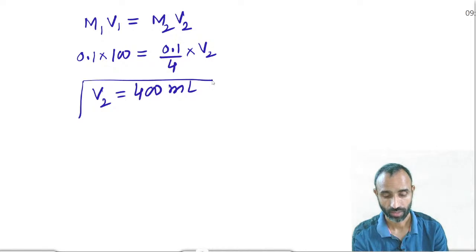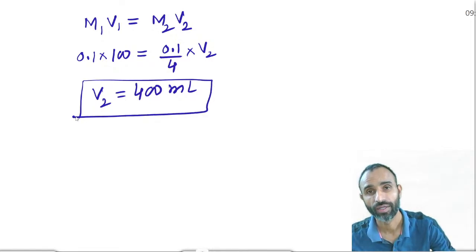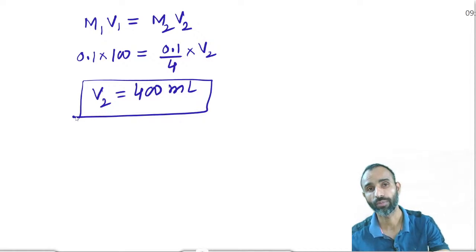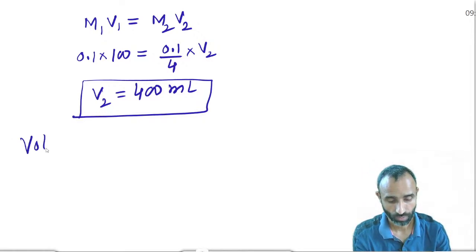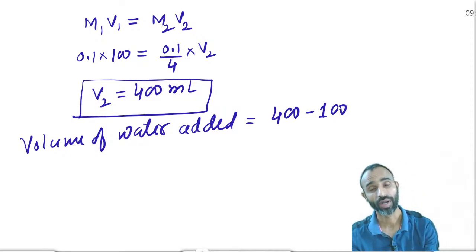That means initial volume was 100 ml and now final volume is 400 ml, and therefore the volume of water added means extra water added, because initially it was 100 ml, now it is 400 ml.